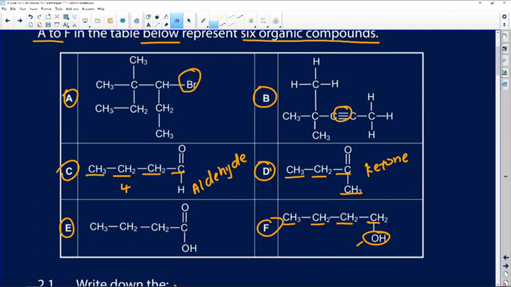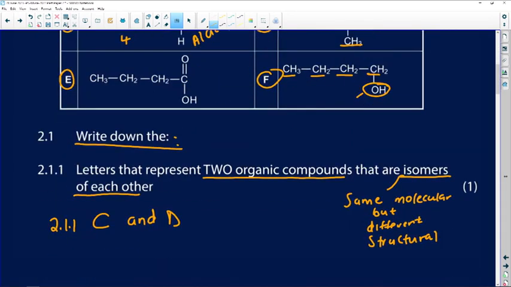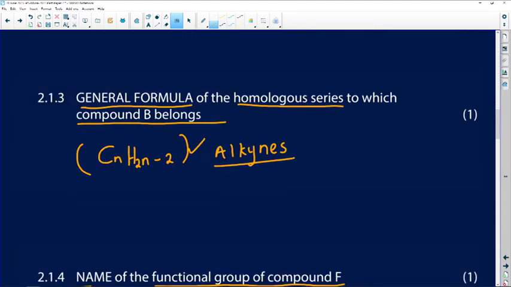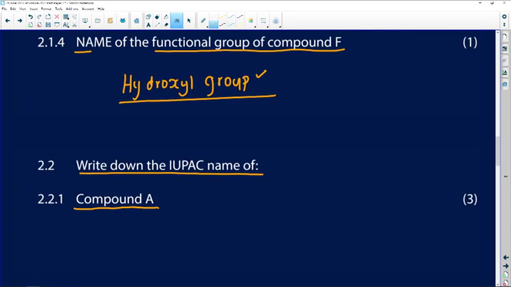We have carbon number 1, 2, 3, 4, 5, and carbon number 6. So the longest chain there is 6, and we know that if it's 6, it's going to be hex. But now remember, on number 4 we have a Br. And then on number 3, we have a methyl, but 2 of them, in chemistry we say di. And therefore, how do we then name this organic compound?